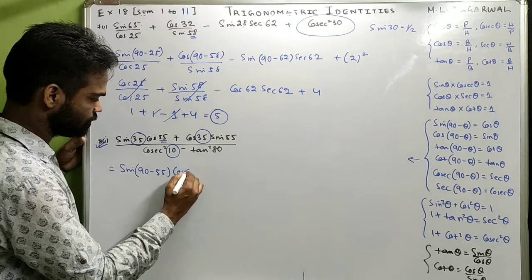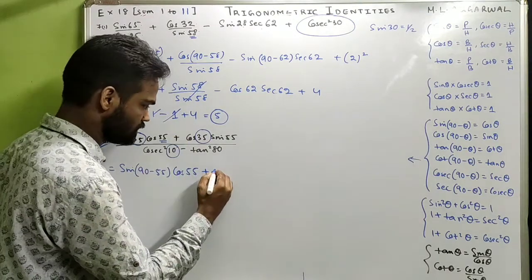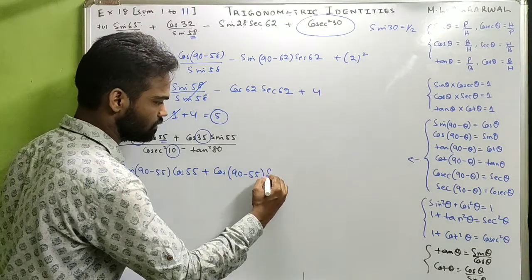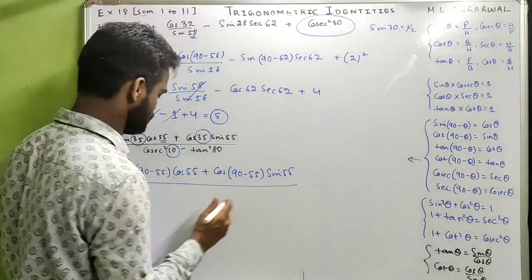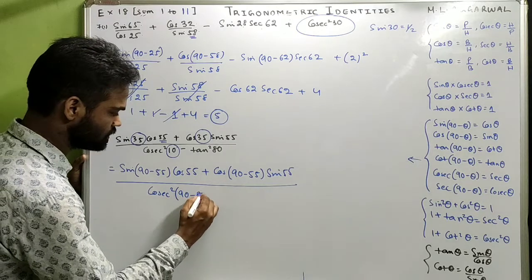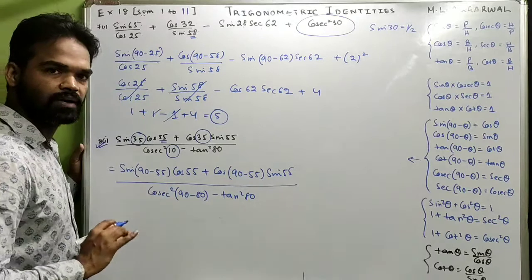Of course I can write the second one as it is. Cos 35, can I write cos 90 minus 55? And sine 55 as it is, by, look over here, can I write cosec square, this is 90 minus 80, minus tan square 80. Done till now?